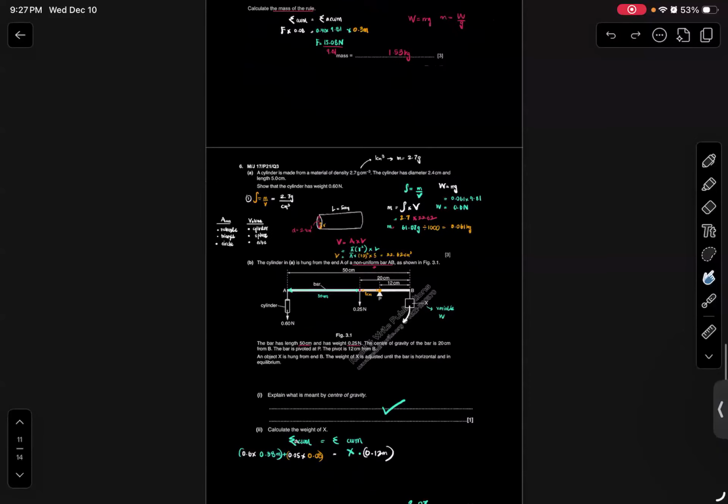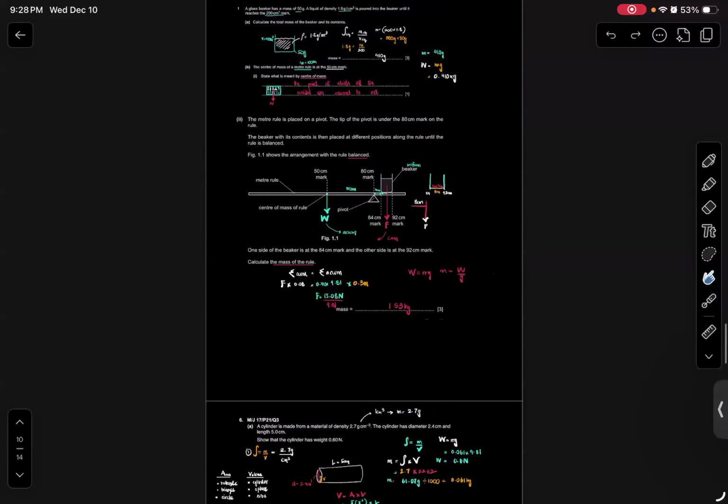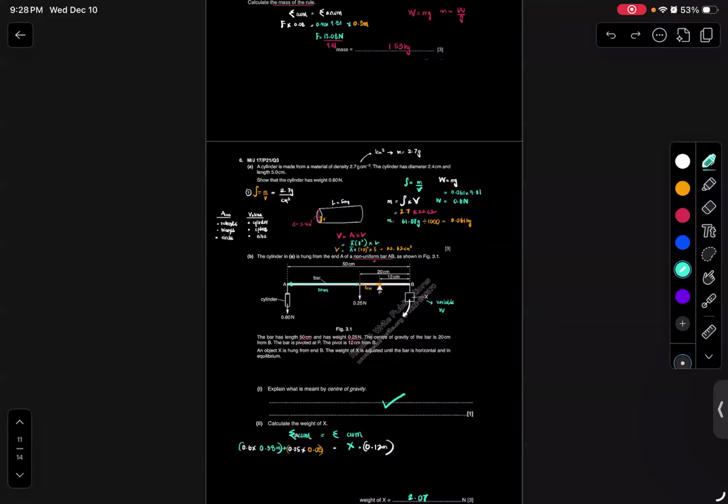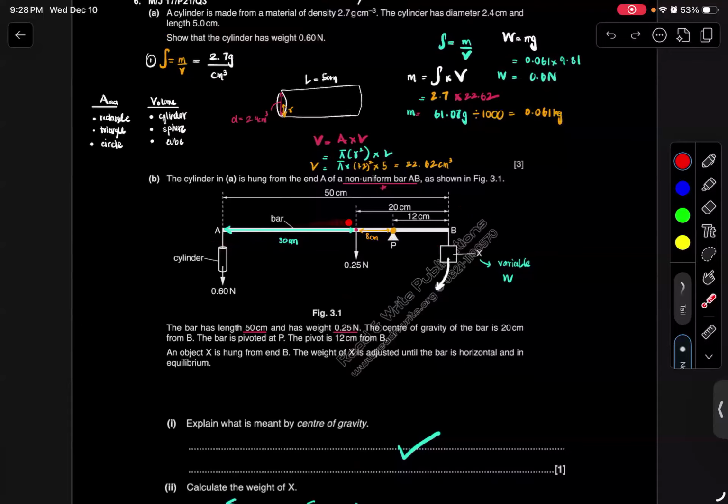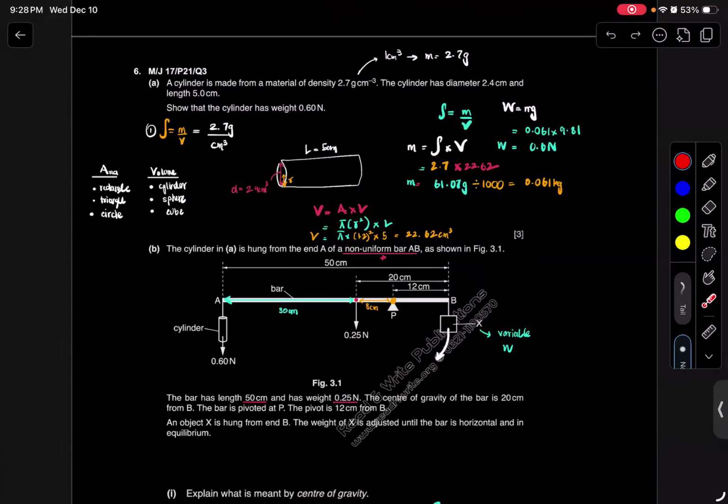Now, these were relatively easy questions to give you a feel of how the easy questions in moments are. But not all of the questions are this way. A lot of the questions are much more difficult, where figuring out the distances is much harder. In these questions, the only difficult part was the distances, the calculation of centimeters and center of gravity, and deriving this.